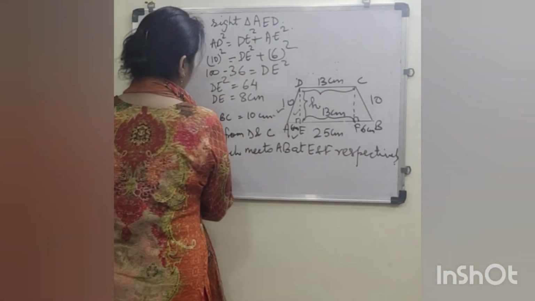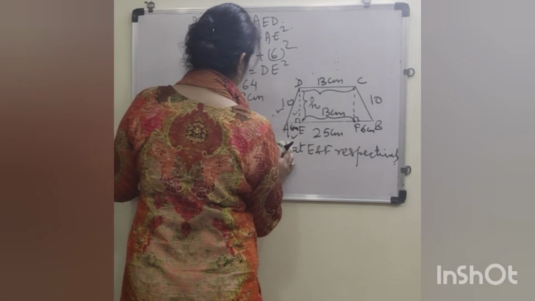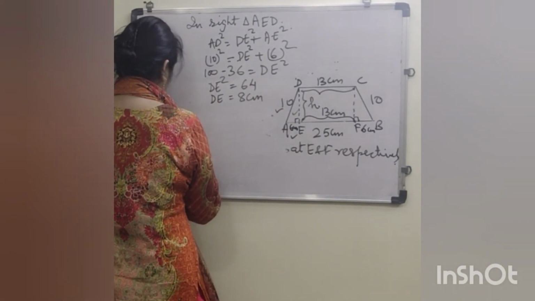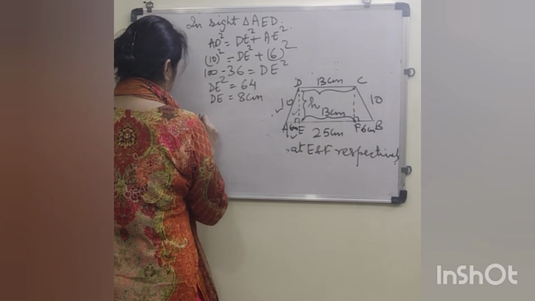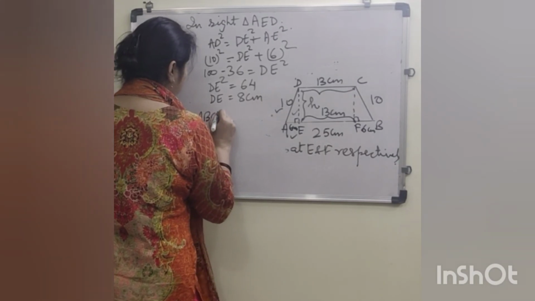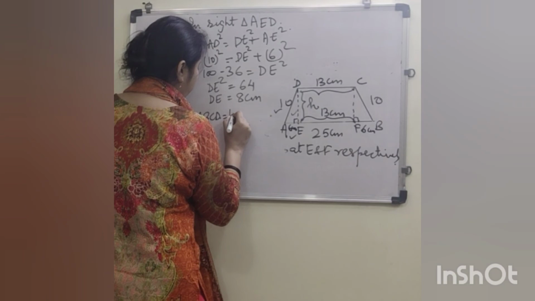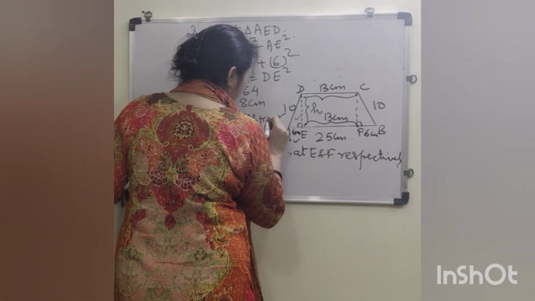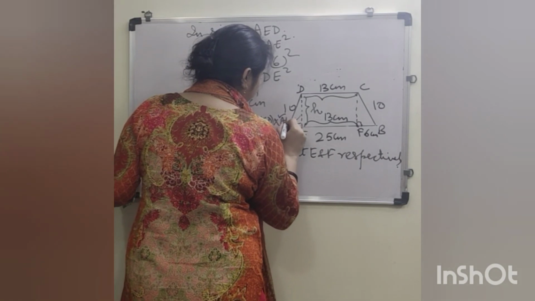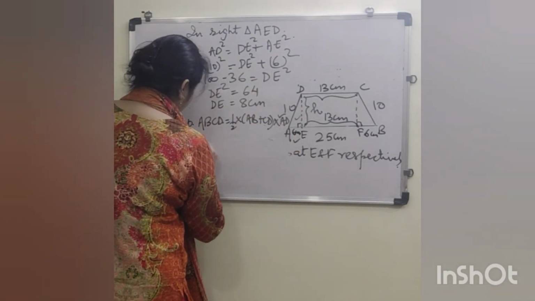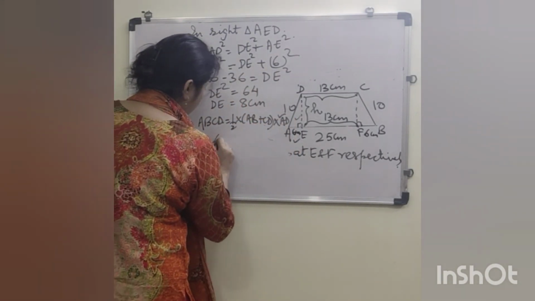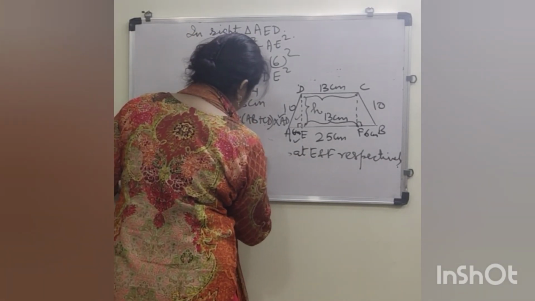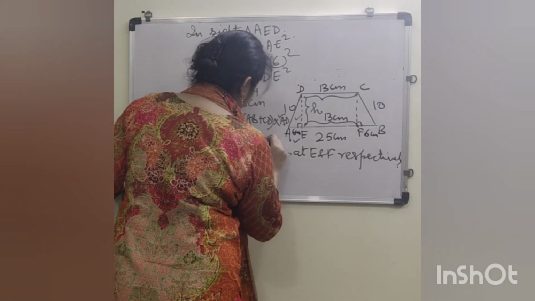Let's move on to the area of the trapezium. Area of trapezium ABCD is equal to half into AB plus CD multiplied by the height. So that is half into 25 plus 13 multiplied by 8.